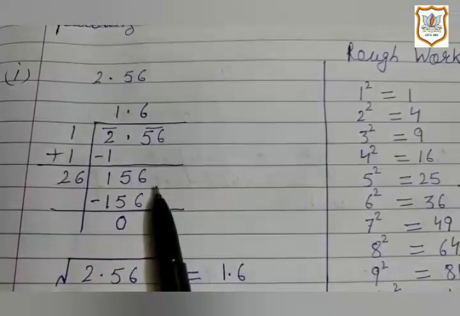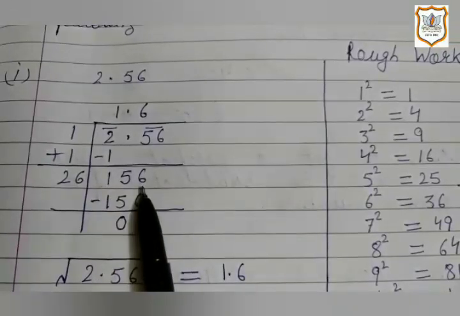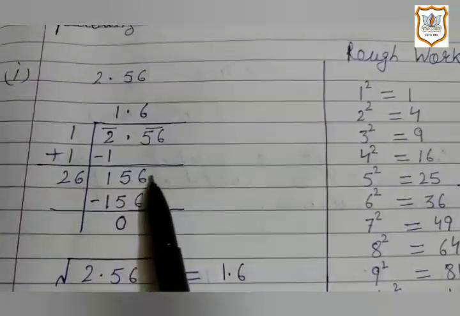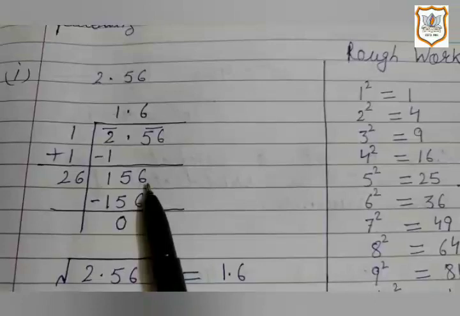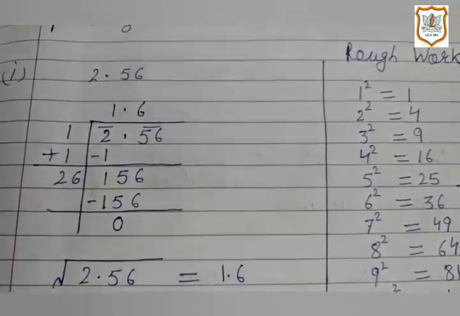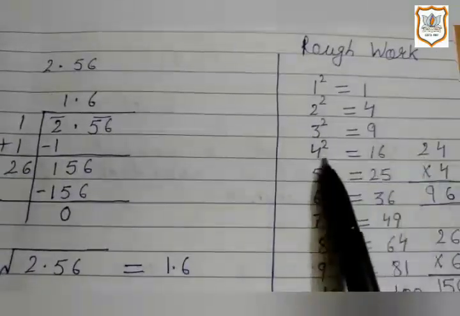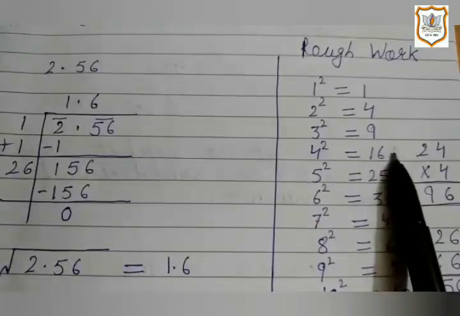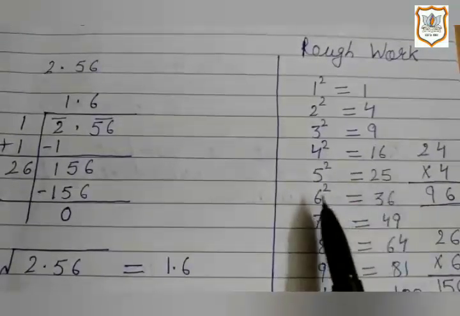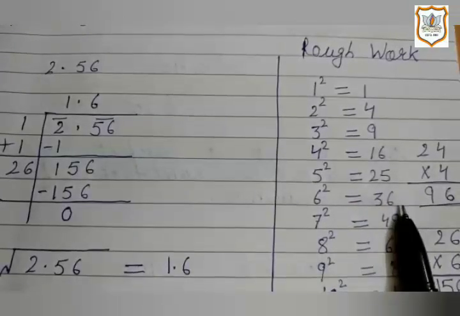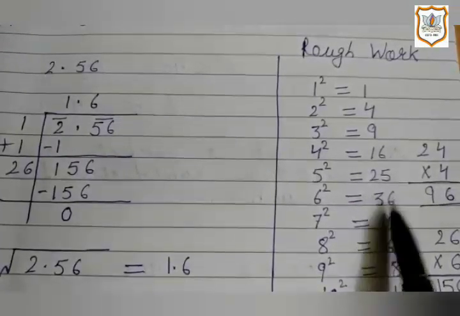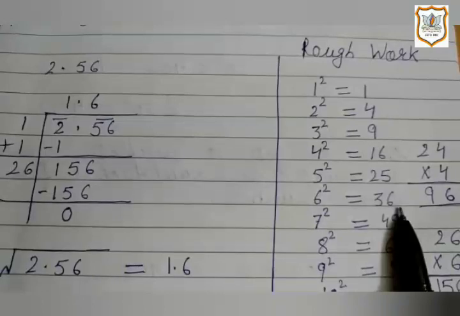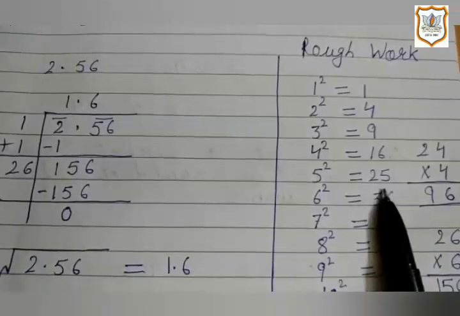Now we will check the unit digit of 156. 6 is in its unit place. Now we check: 4 square equals 16 and 6 square equals 36, both with 6 in the unit place. Now we will check with 4.